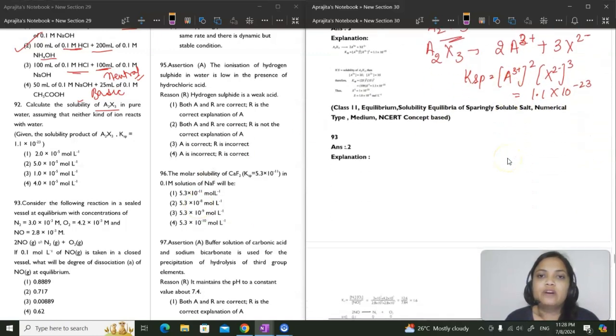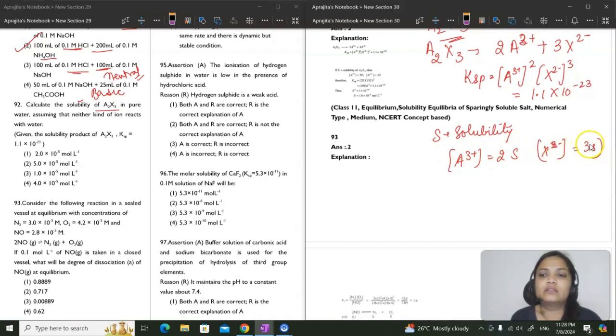Okay, so if I take S as the solubility of A2X3, then the concentration of A will be 2S, and for X we will take it as 3S. Okay, we are taking the solubility. So put in 2S squared into 3S cubed. The value is 1.1 into 10 to the power minus 23.